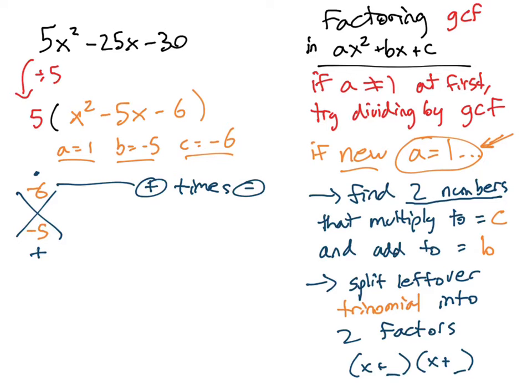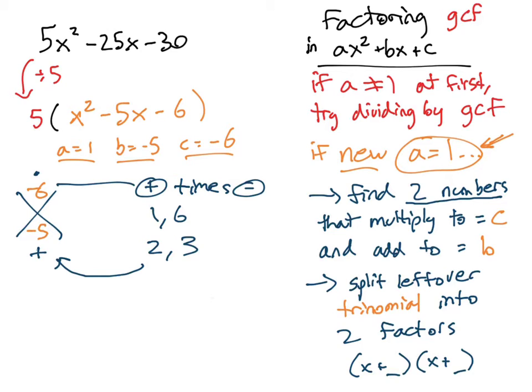And the possible factors of 6 that we could multiply to get 6 are 1 times 6 or 2 times 3. So to decide which pair is going to work, now let's look at our adding. We know we need a positive times a negative, and when we add these numbers together, it has to equal -5.